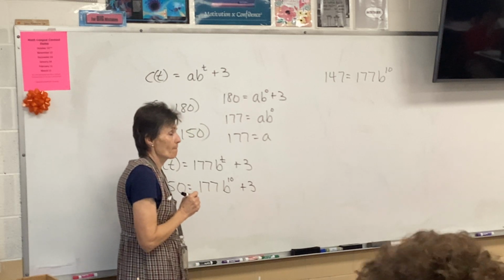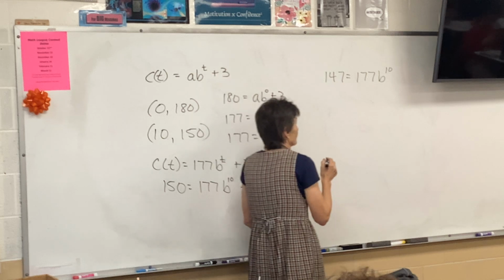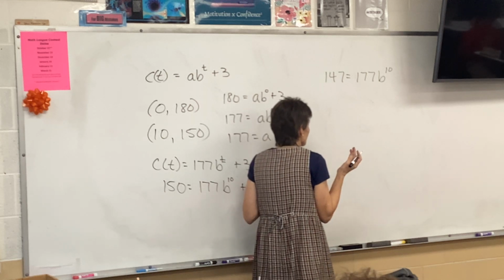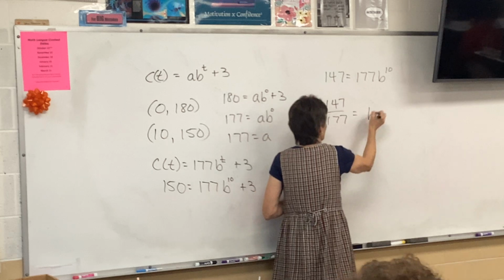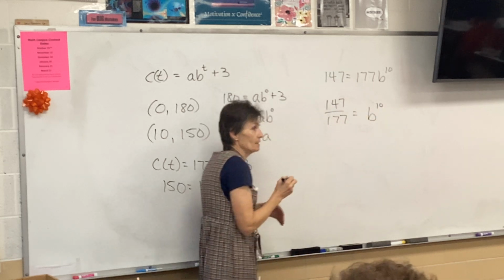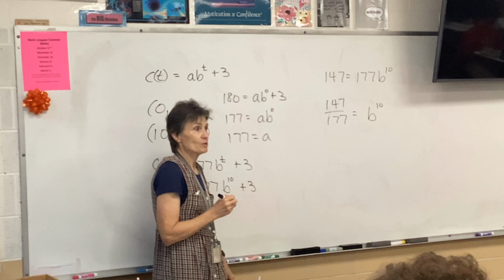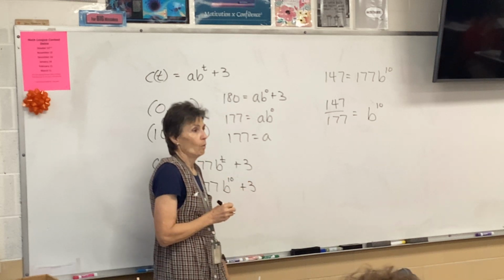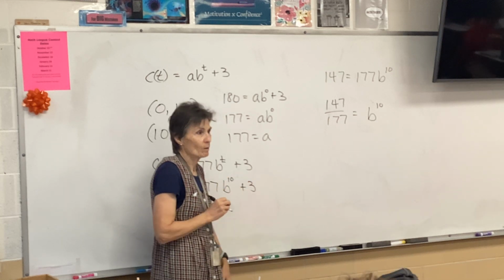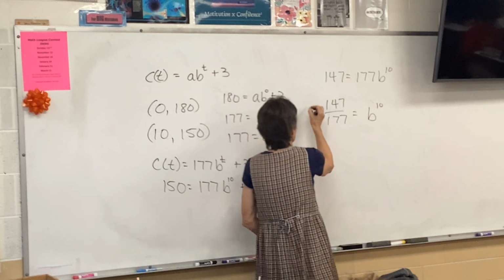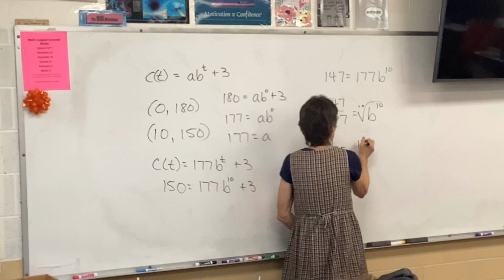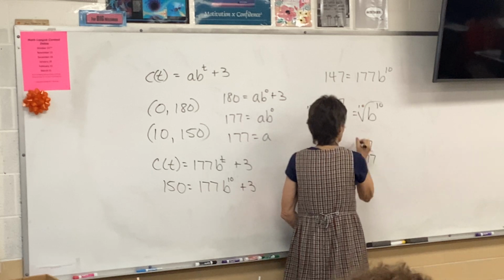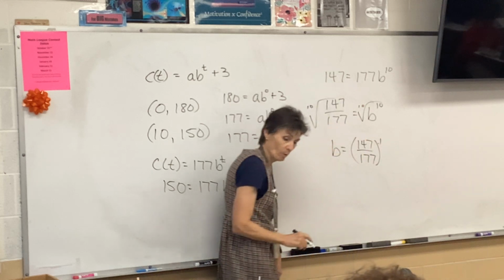Now what? So 147 over 177 equals b to the 10th. And then I'm either going to take the 10th root or raise to the 1/10th power, whatever's easiest for you. So b is going to be 147 over 177 to the 0.1 power.